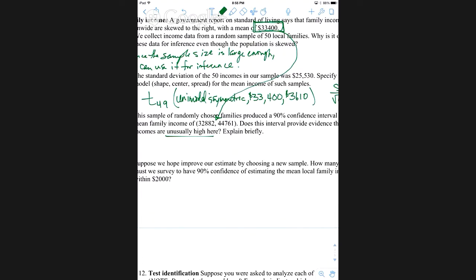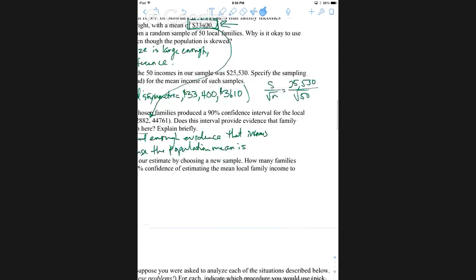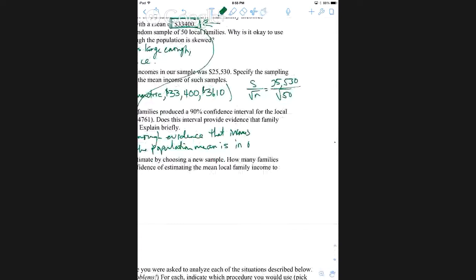If my confidence interval was bigger than the population mean, then yes, it would be unusually high, but it's not. So no, there is not enough evidence that incomes are high, because the population mean is in our interval.